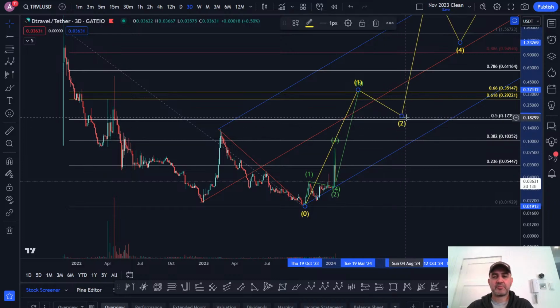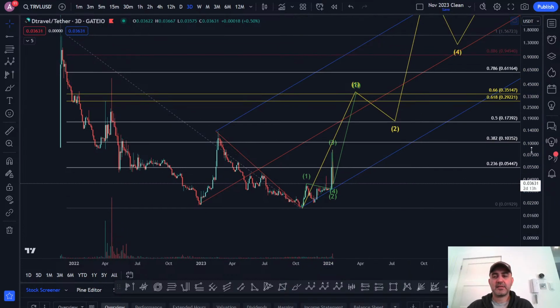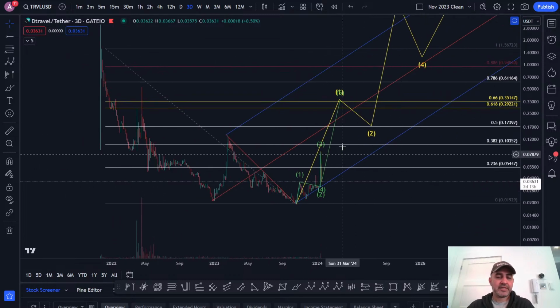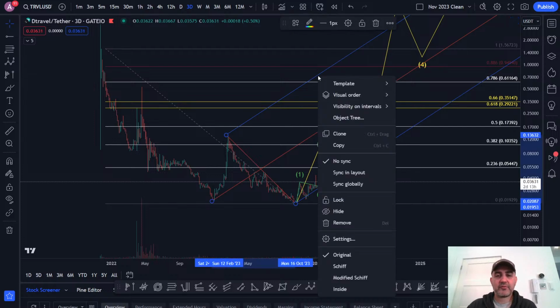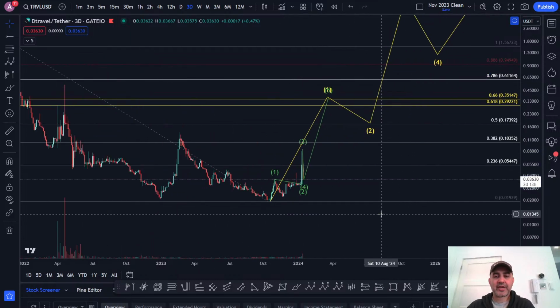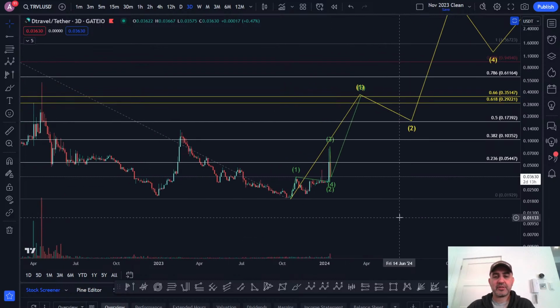And so it could be just to back test the 50%, you know, and then this pitchfork is actually irrelevant. It's just an idea of what could happen. It doesn't mean anything. You can't trade it. It just gives you an indication.